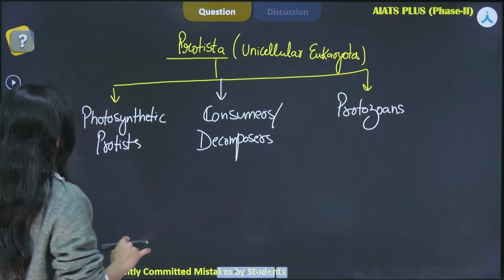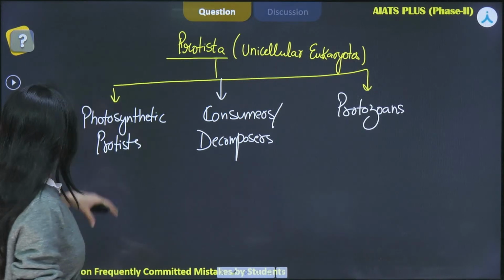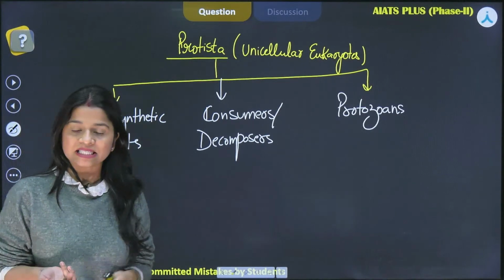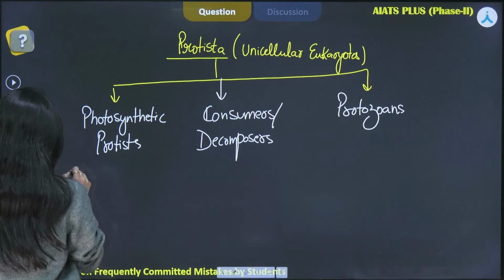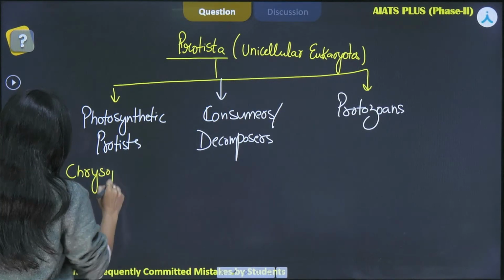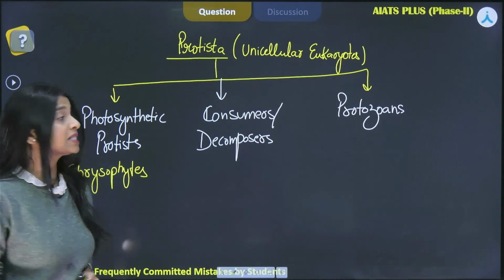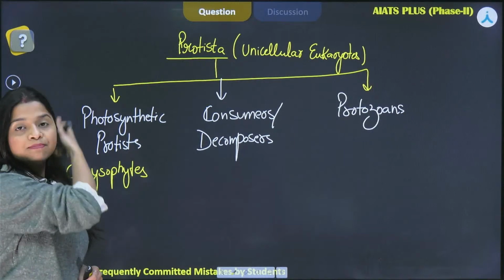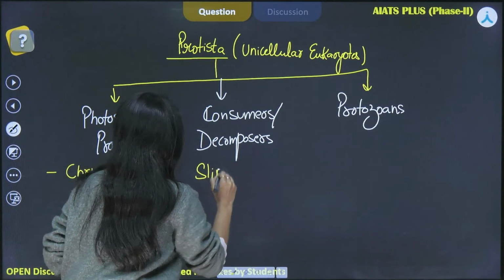Now there are certain examples that we can cover under these. Photosynthetic protists, the one that has been given in your question, for example chrysophytes. Then consumers, or simply the decomposers, will be the slime molds.